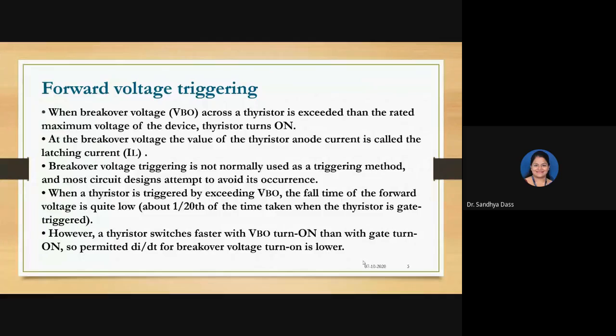So it means here SCR will turn on, or say turn off, faster in this method, okay? If you look at the last point, the turn on time for this forward voltage triggering type is lower. Turn on time is lower means obviously switching is faster, right?